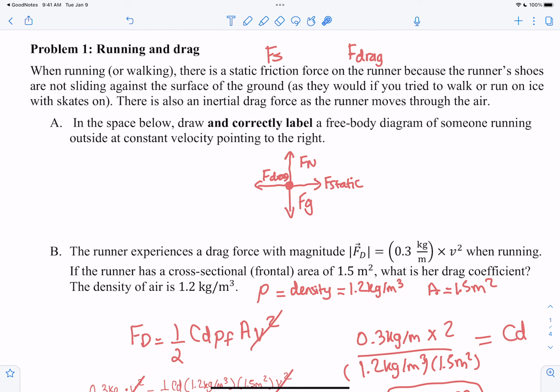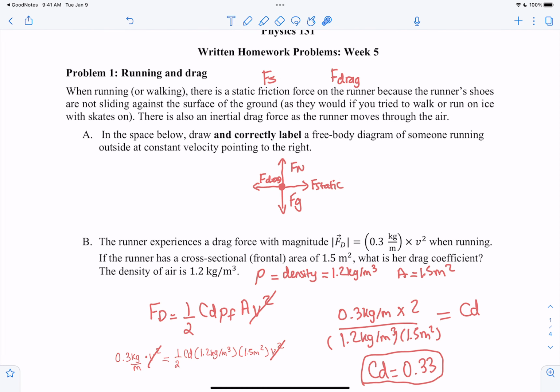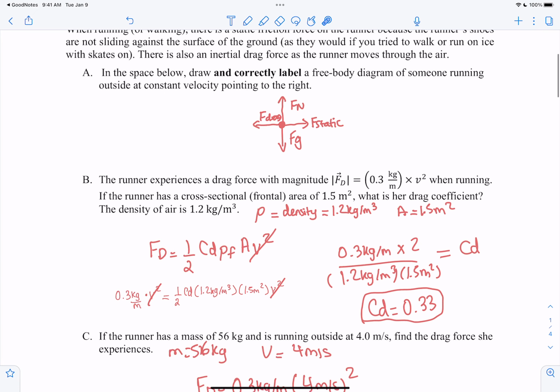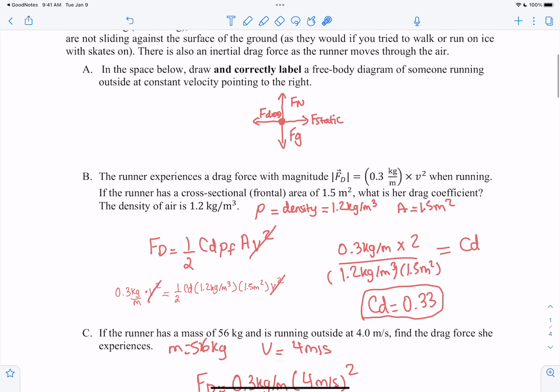So when we have our greatest speed or our terminal speed, it's when F drag equals all the other forces, or when all the other forces cancel out in that specific direction, right? And so that's when your F net is 0 in that direction.